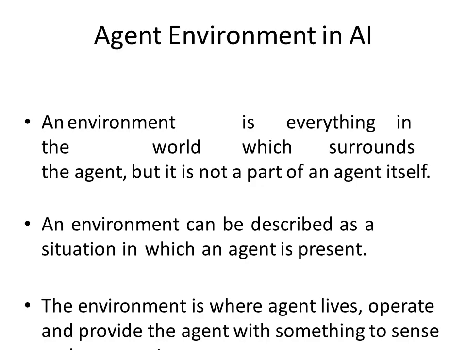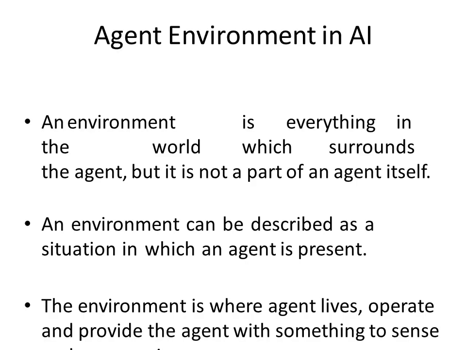So what is the AI environment, the agent environment in AI? The environment is everything in the world which surrounds the agent, but it is not a part of the agent itself. Okay, means what? Your agent is just placed into that environment. The environment is the surrounding of the particular agent.